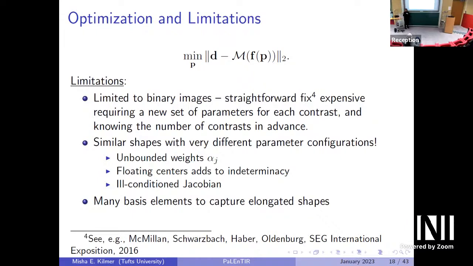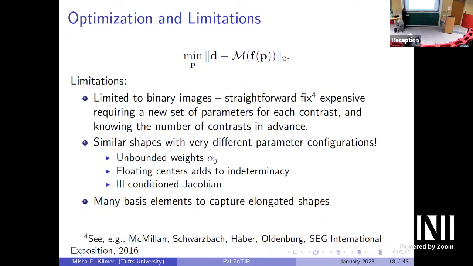This issue where we're allowing the centers to float also adds some indeterminacy, because the blob that started here could move here, and the blob that started here could move here. So that's exactly what you're getting. This leads to some ill conditioning with the Jacobian that we can get around, but is annoying when we try to do problems like uncertainty quantification.